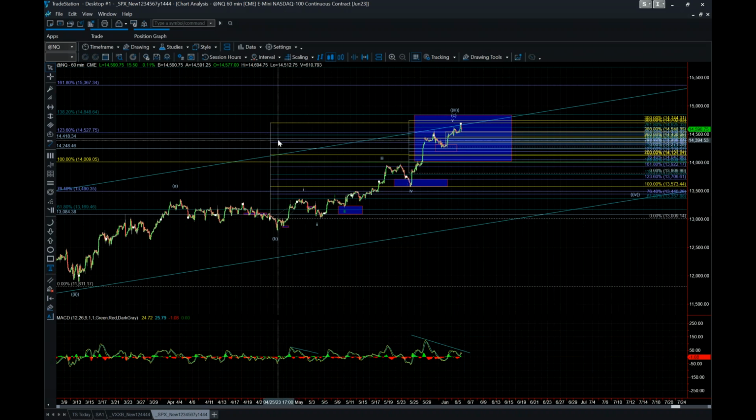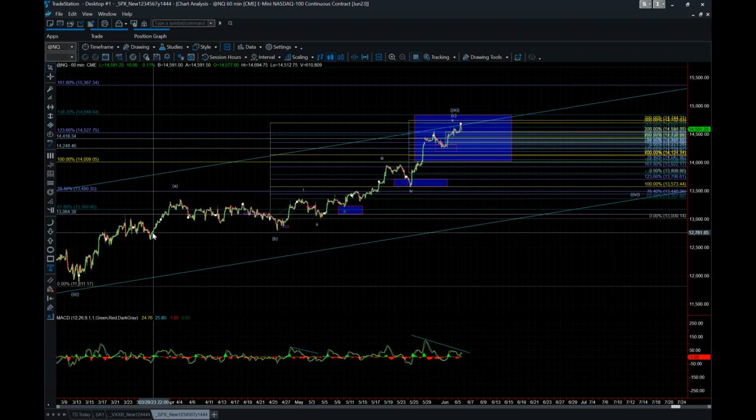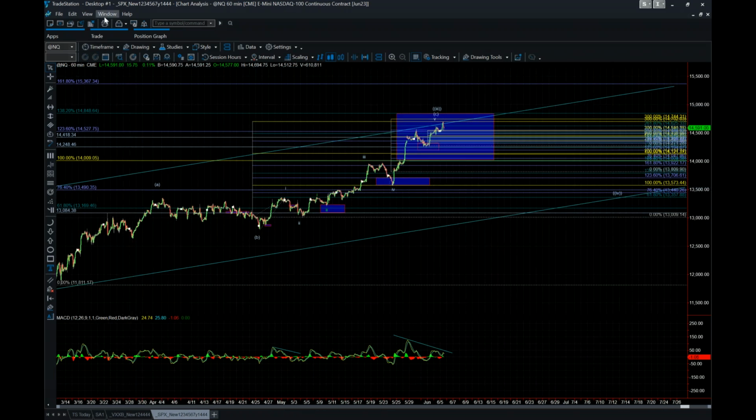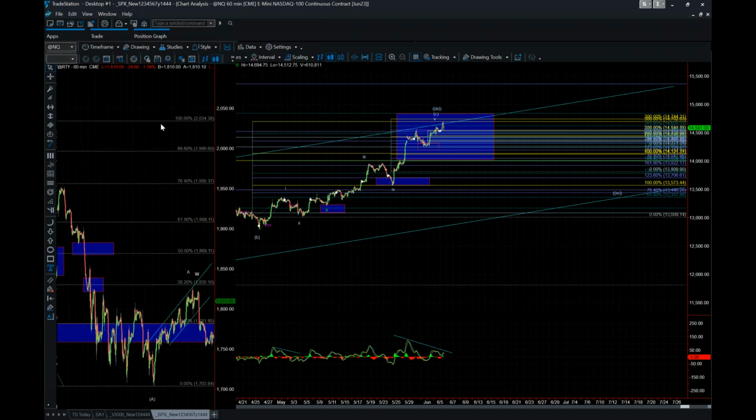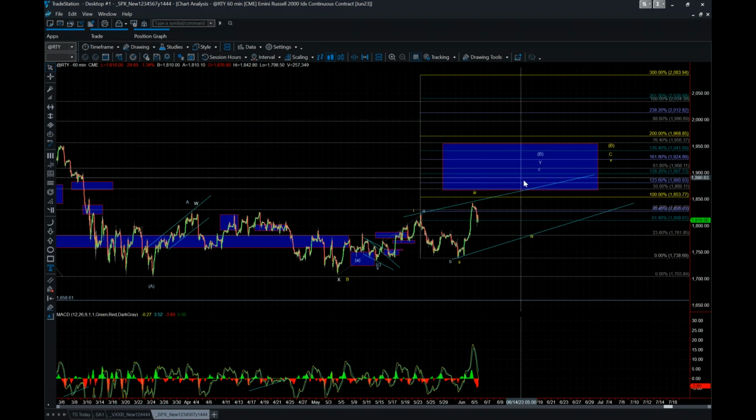But I need to see under 14,418 to 14,248 to really give me a signal that we've topped. Till that happens, we can still grind higher. We still may fill this out in another sloppy action, but that's really what looks best to me: getting a 4th wave down and another 5th up to fill out the larger diagonal. But again, I'm keeping an open mind, and I'm certainly not tied to any one particular count at this point because, again, it's just really sloppy action.